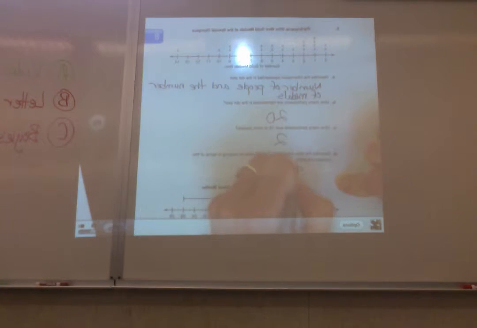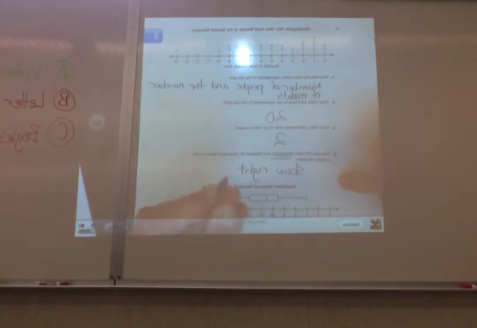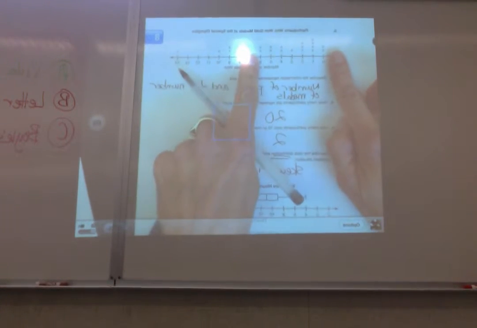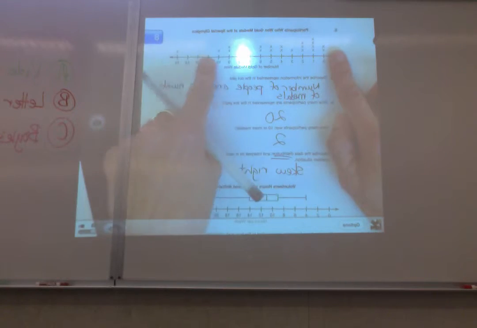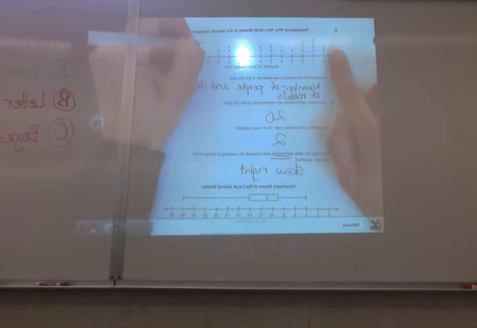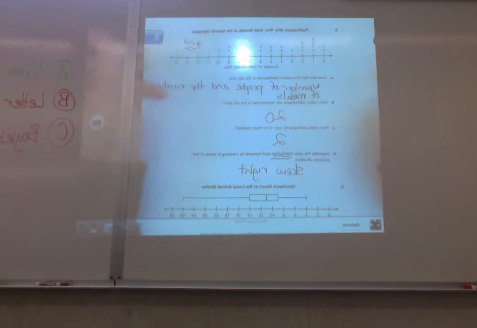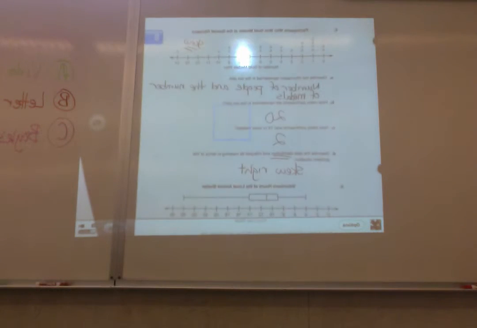Good job. Skew right. The data is pretty symmetric over here on the left, but it has a couple way over here on the right. This is the skew, the things that are out of ordinary. Okay, and I saw most people writing those two things down.